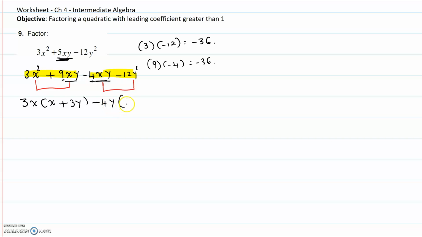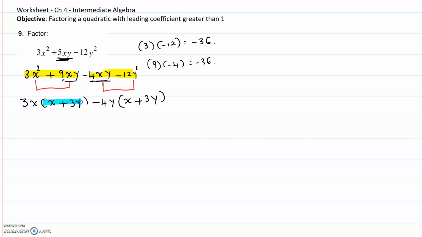Then we have to look for something inside so that when we multiply negative 4y with whatever you write inside, it will give us negative 4xy. That can only be x. Then negative 4y times what gives us negative 12y squared is what we have to think. That will be positive 3y. Negative 4y times positive 3y will give us a negative 12y squared.